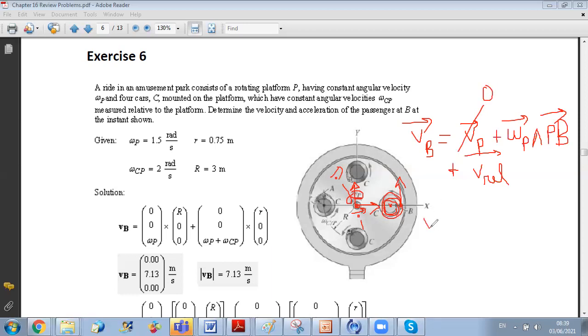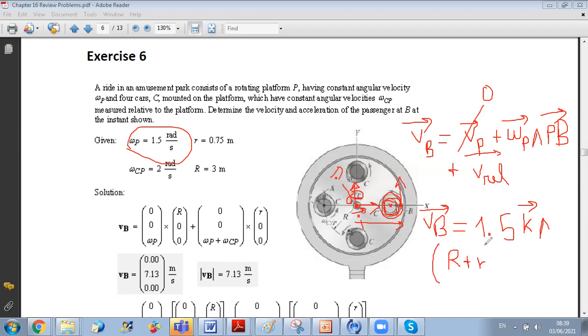Now, we can write then that VB is equal to omega P, which is 1.5 k, vectorial vector PB. As you can see here, vector PB is equal to vector PC plus CB, so it can be written as big R plus small r along i.